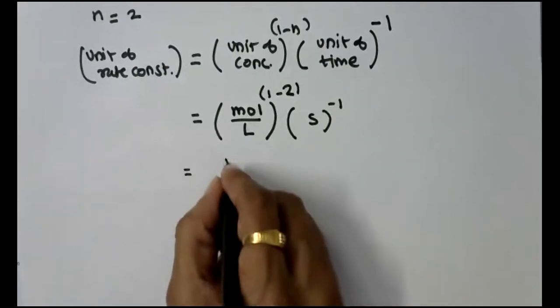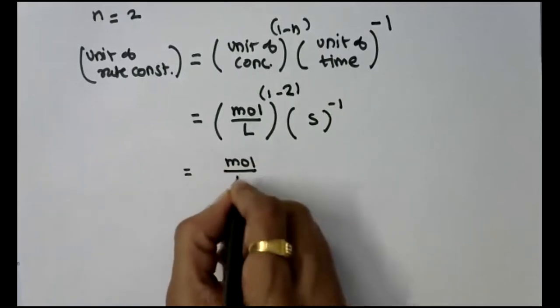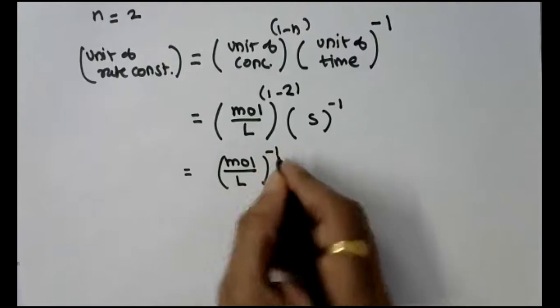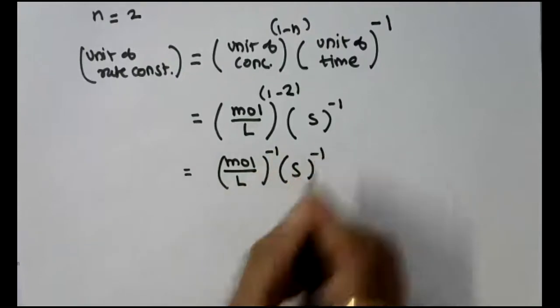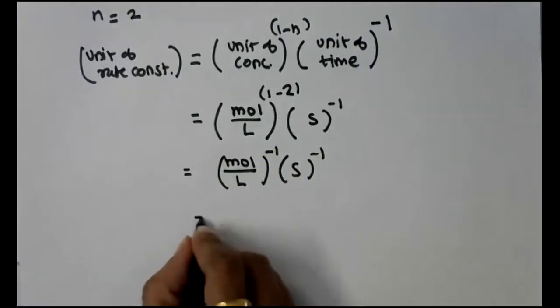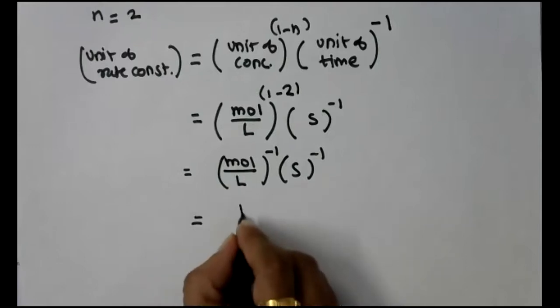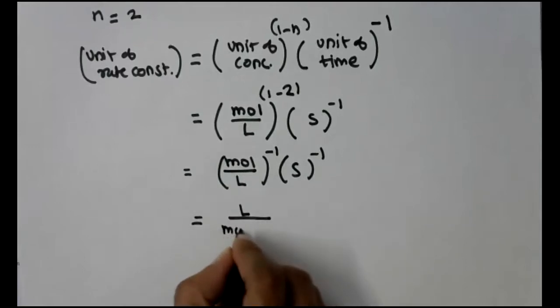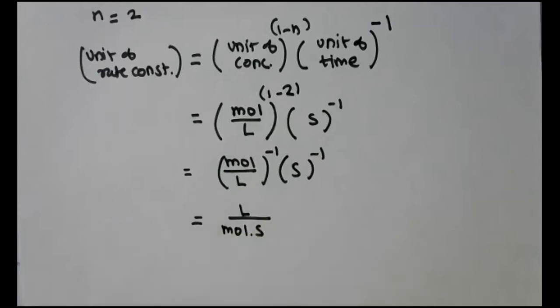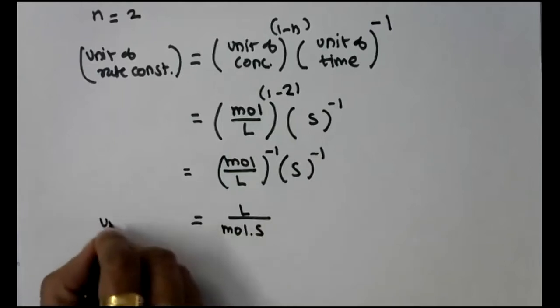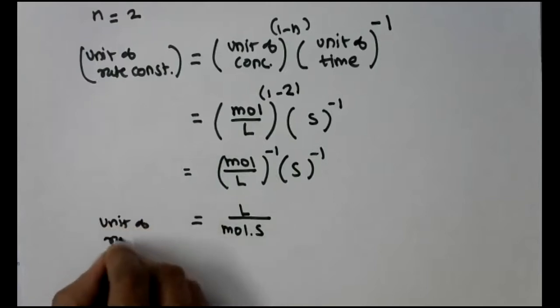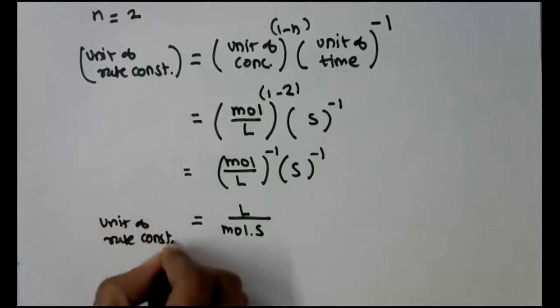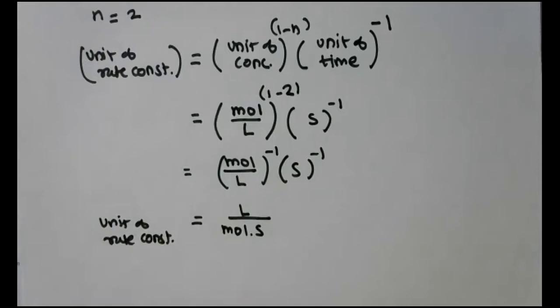It will be mole per liter raised to minus 1 second inverse, and if you write it properly, it will be liter per mole per second. So if unit of rate constant is liter per mole per second, then you can directly say that the reaction is second order.